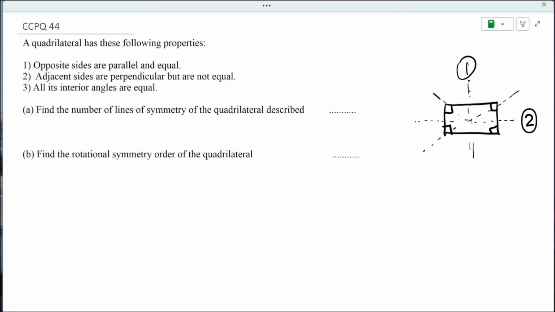Same as this second diagonal too. If you fold the rectangle at the line of the second diagonal, this half doesn't sit exactly on this other half. Therefore, these diagonals are not lines of symmetry. A rectangle has two lines of symmetry. So the answer to question A is two lines of symmetry.